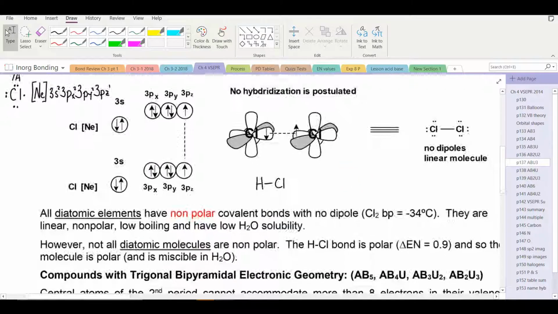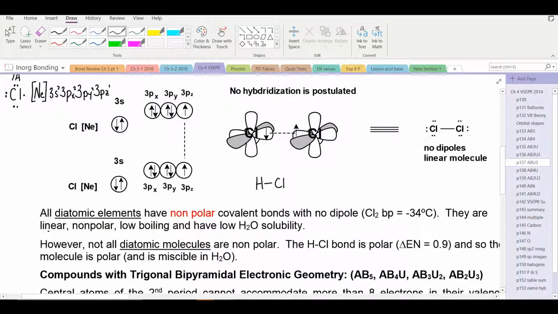Turns out that all the diatomic elements, whether they be oxygen or hydrogen or halogens, they are nonpolar covalent bonds. They have no dipoles. In the case of chlorine, its boiling point is very low, meaning there's little attraction between the molecules because they're nonpolar. They're linear, nonpolar, low boiling.